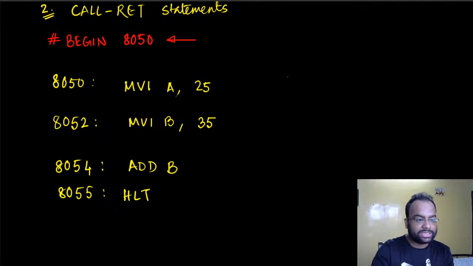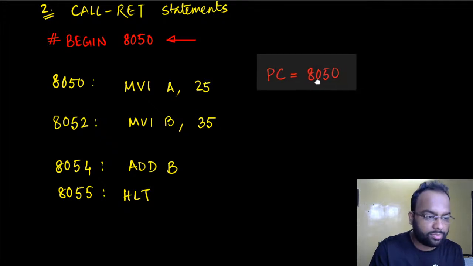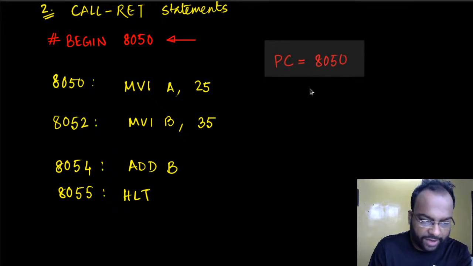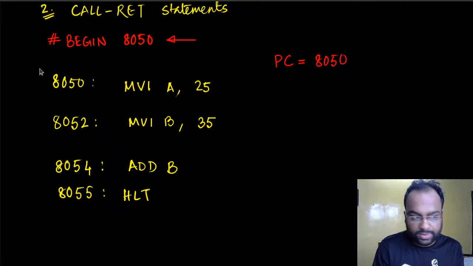So this is what happens: while starting the execution, the program counter gets a value of 8050. So it starts looking at this and executes this instruction.